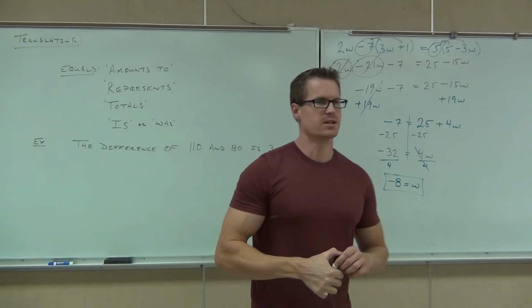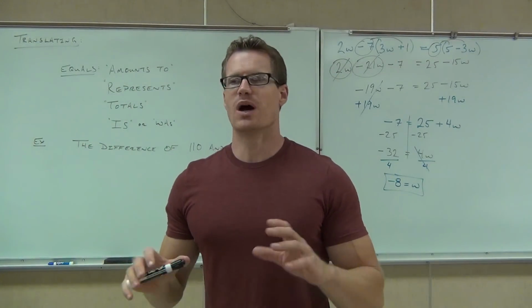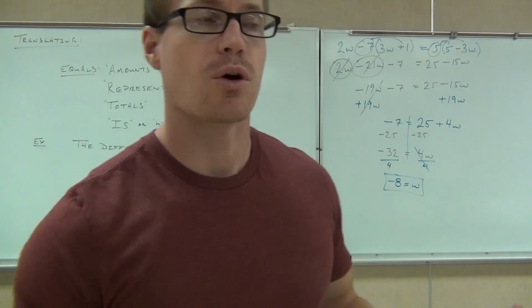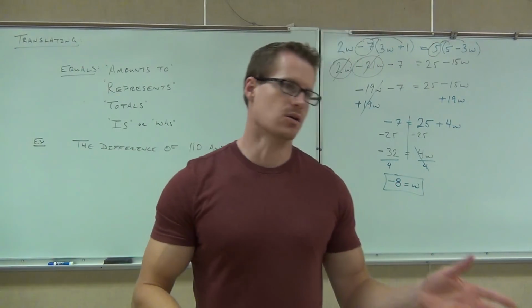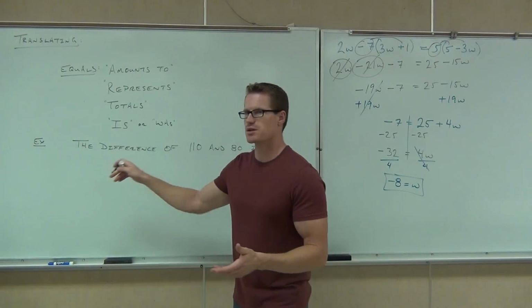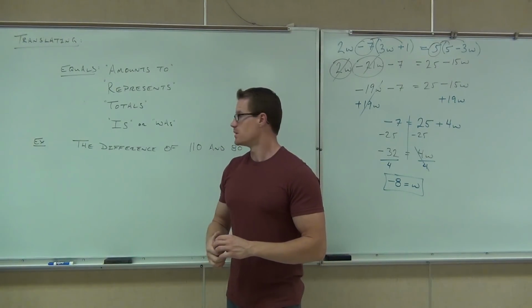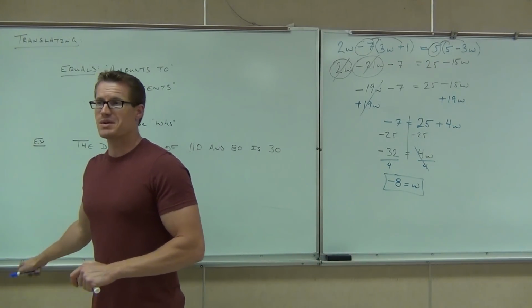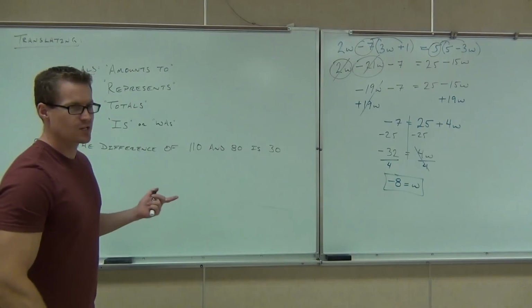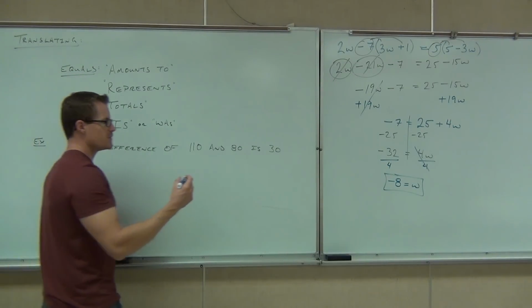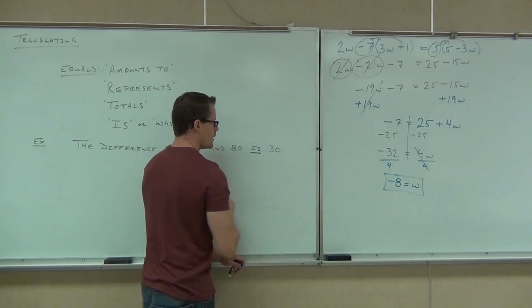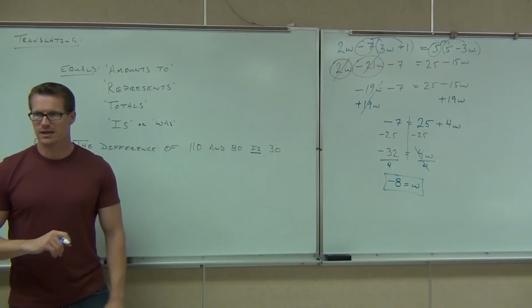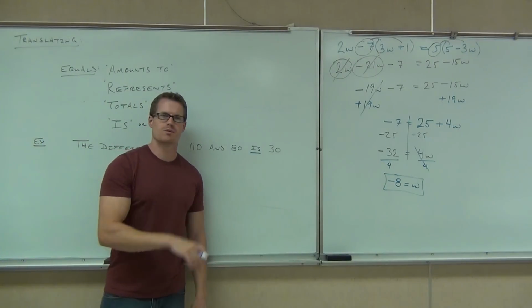Remember before, when we did expressions, we underlined the special words that mean math. We're going to do the same thing here. So what's one word up here that means math? Difference. Also, the key one that we want to start off with is the word that means equals. Can you find the word that means equals up here? Is. Let me tell you something about the word is, or equals, or whatever word means equals.